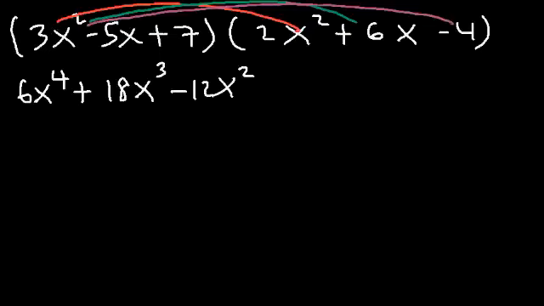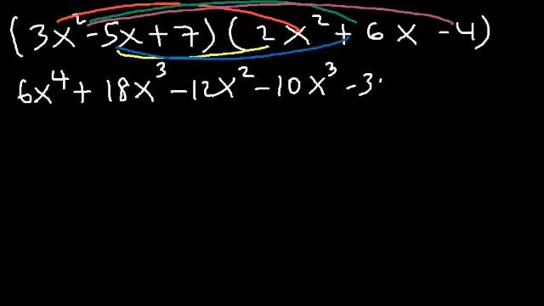Next we have negative 5x times 2x squared. That's negative 10x cubed, and then negative 5x times 6x, which is negative 30x. And negative 5x times negative 4. Wait, negative 5x times 6x is negative 30x squared.